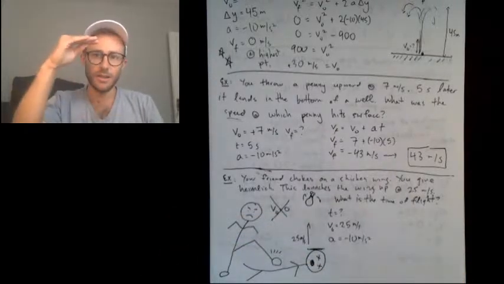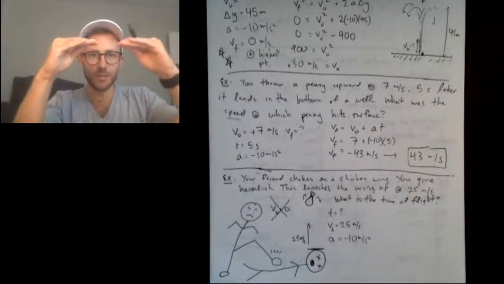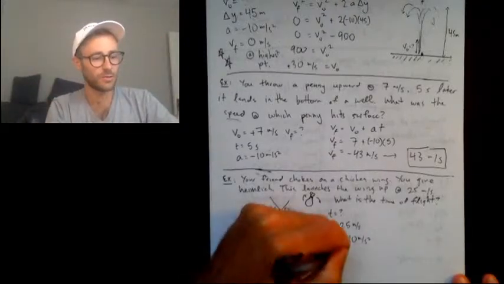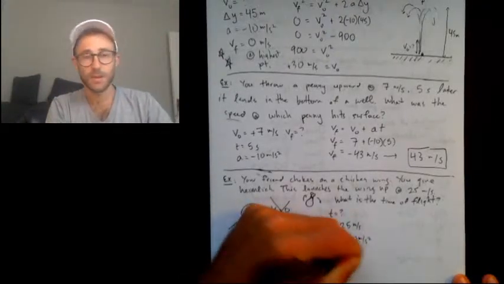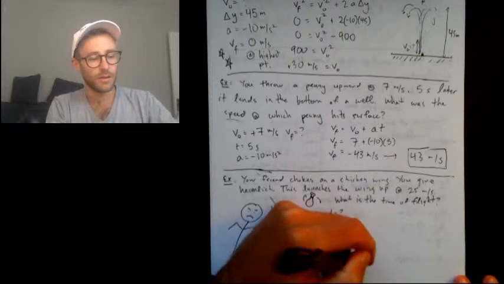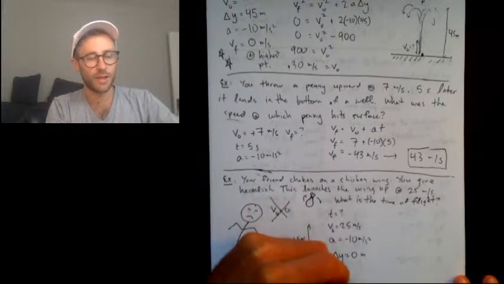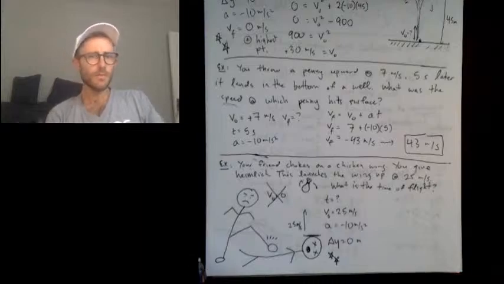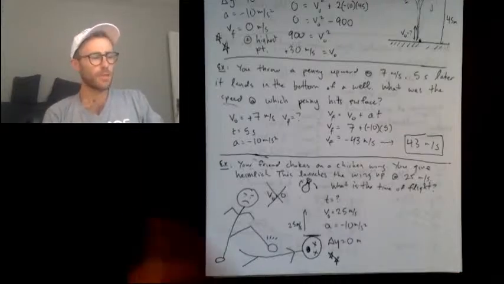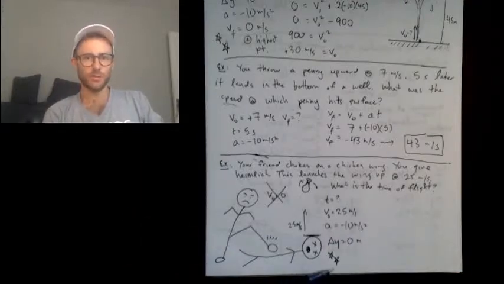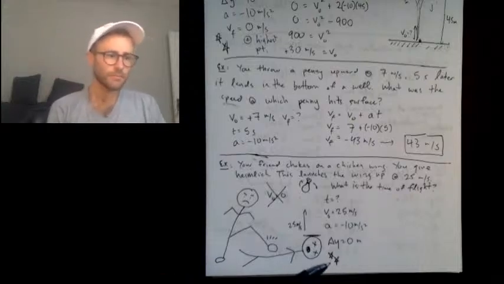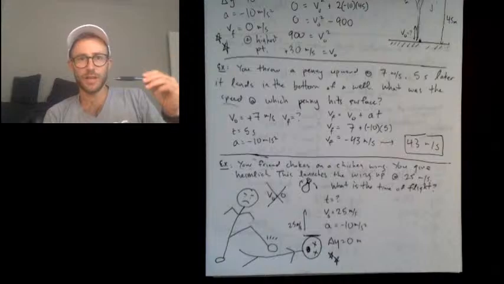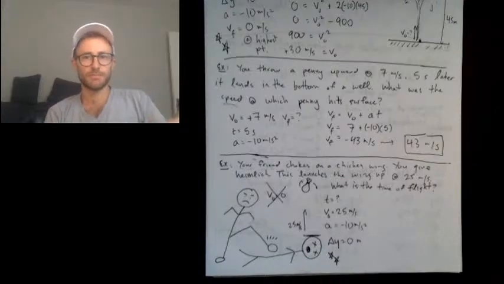So the initial elevation is the same as the final elevation. So delta y equals 0. Okay? So make sure you understand why that's true. I'll put 2 stars next to it. Delta y is equal to 0. Okay? That's only in the case that it comes back to the same elevation.